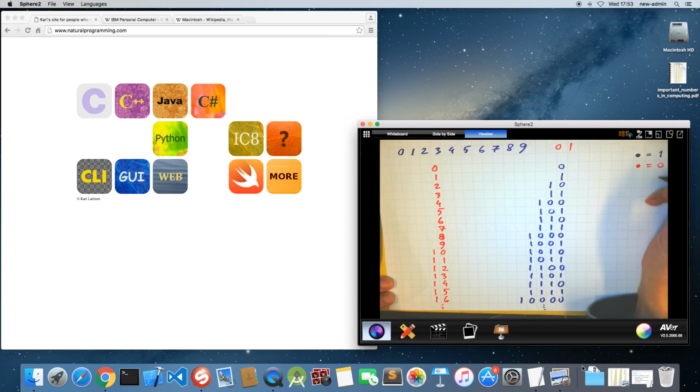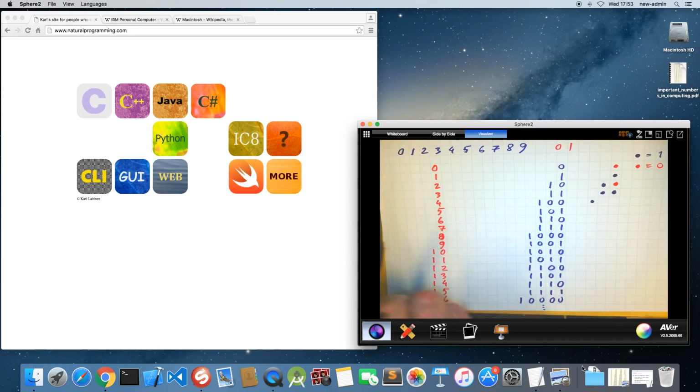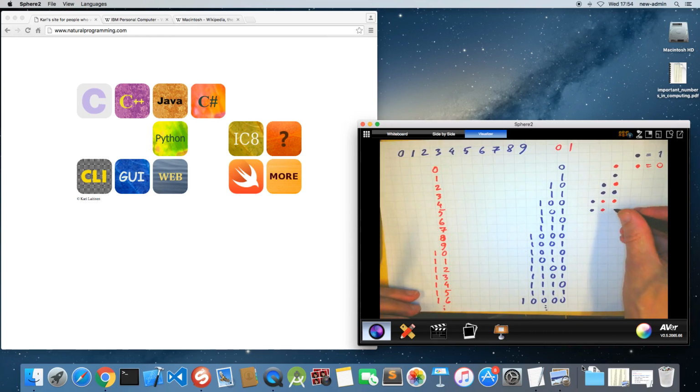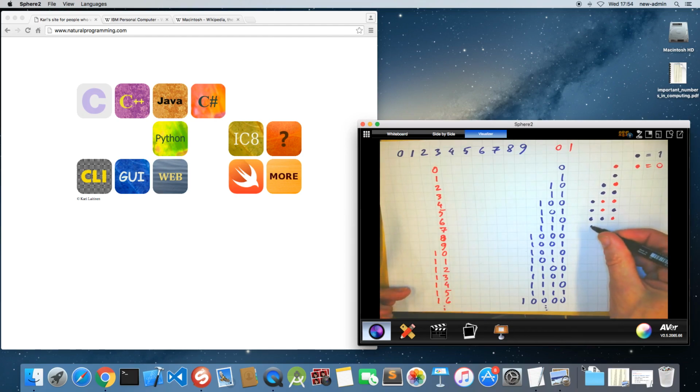So, for instance, I could draw, well, red is 0, blue is 1, so this would be then a red dot, and then I would need to use a blue dot, and here I would need to use a blue dot and a red dot, and then blue dots here and here, one blue dot and two red dots, and then blue dot, red dot, blue dot, blue dot, blue dot, and red dot, and then would be again all blue dots.